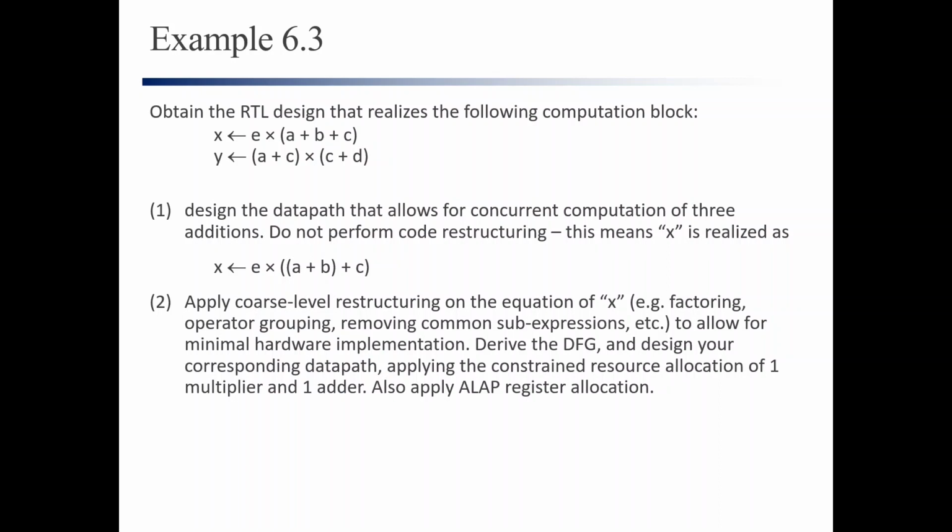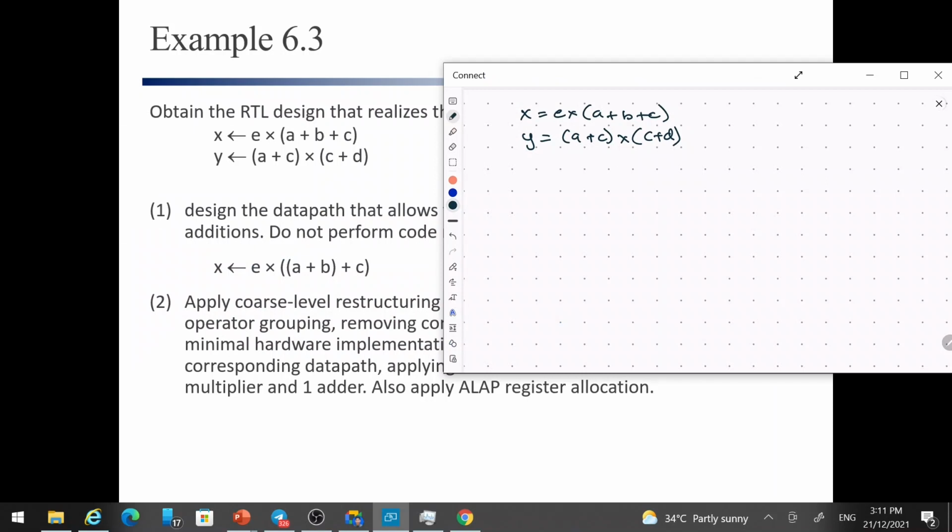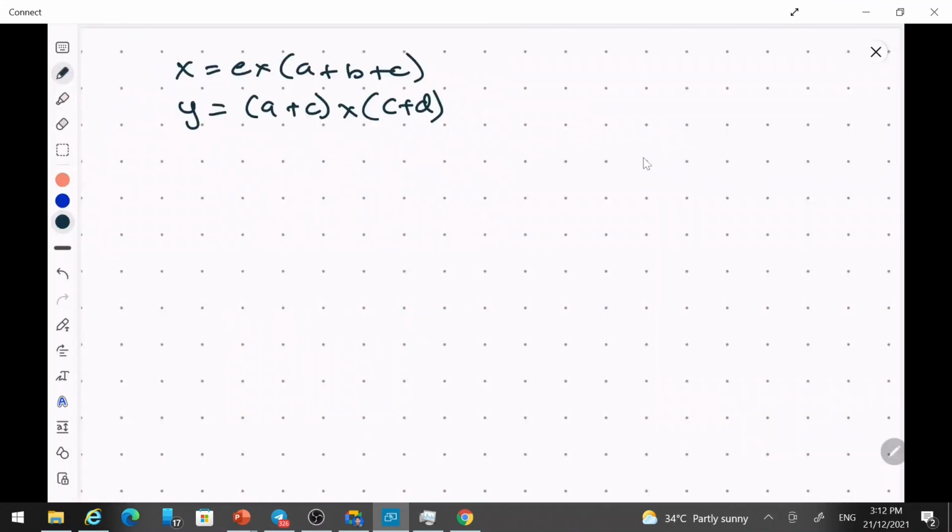So we have x equal to e multiplied by a plus b plus c, and also y equal to a plus c multiplied by c plus d. All right, so this is what we have, the equation, or we can call it the algorithm, in the form of equation.